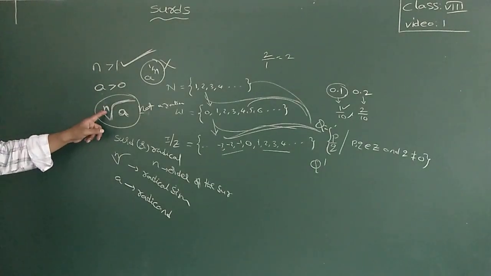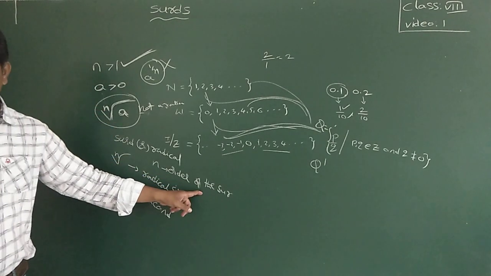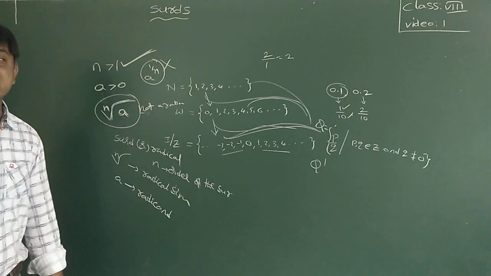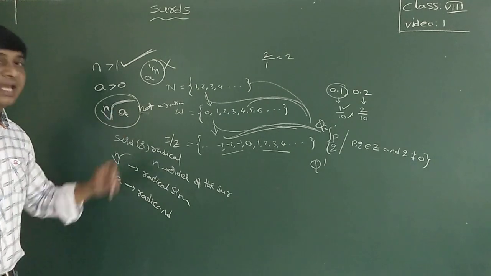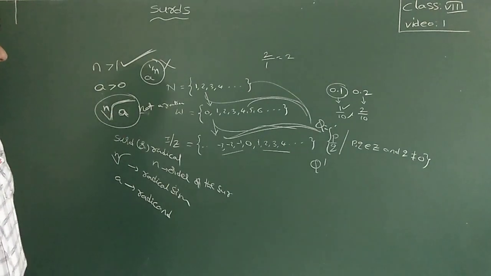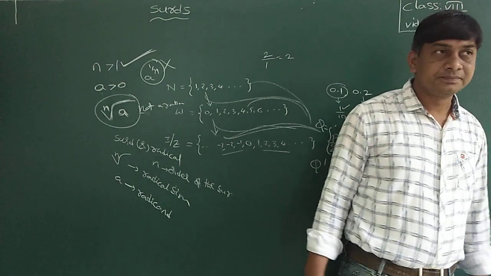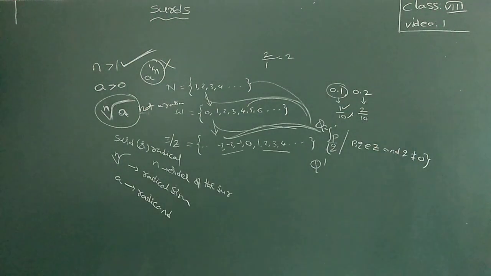In this, n is called the order of the surd or order of the radical. The nth root is called the radical sign, and this a is called the radicand. Understood? Okay, hope everyone understands this definition.